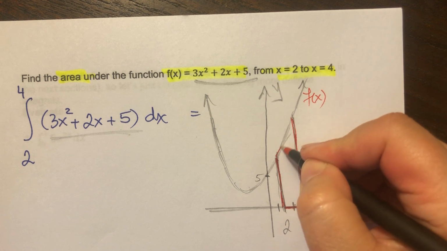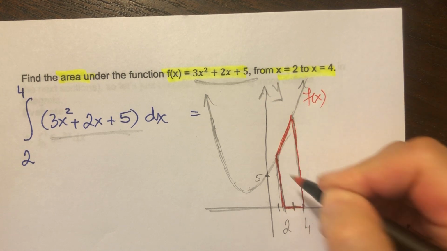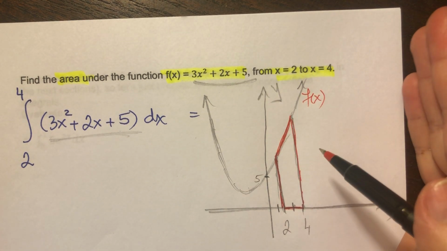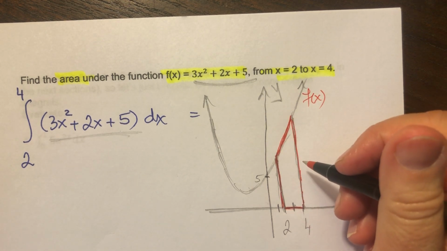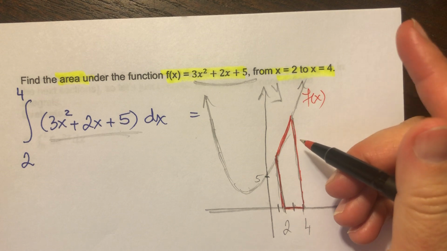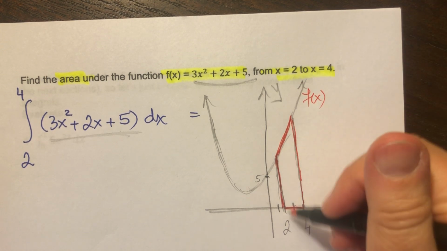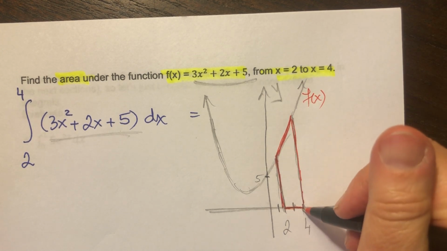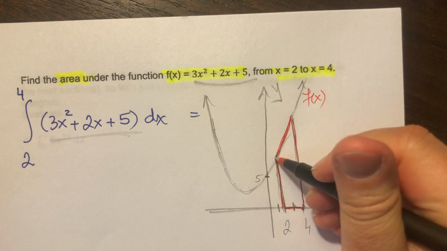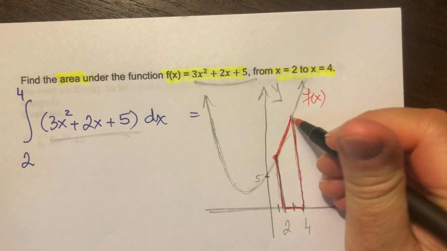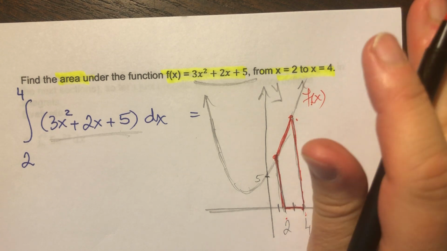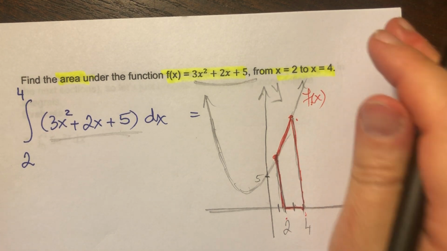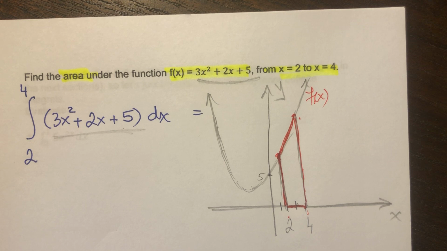Now the thing is, this looks almost like a trapezoid. This could be almost linear, except for it's not. It's a little curvy. I could try and approximate it, right? The height is 2, this base and this base, plug in a 2 into this function, plug in a 4 into this function. We could try and see how close we get if we pretend that's a trapezoid, but it's not.